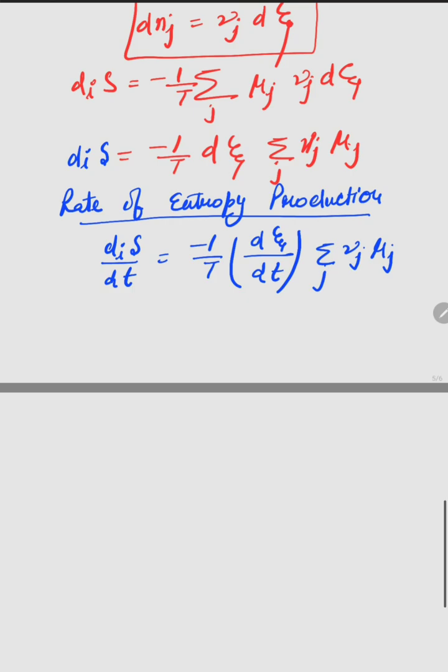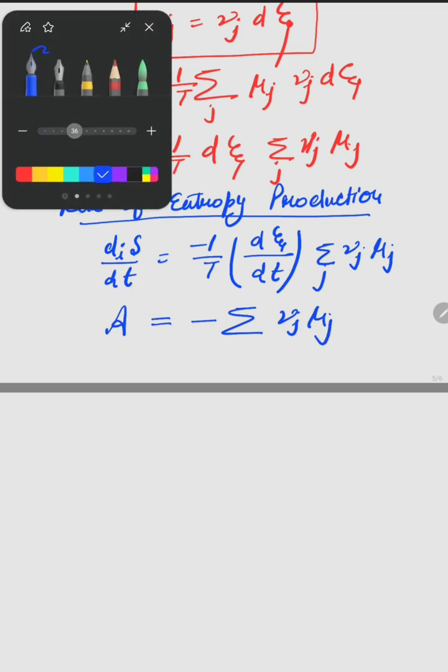And as we know, the chemical affinity of the reaction is given by the formula minus summation of nu_j into mu_j.